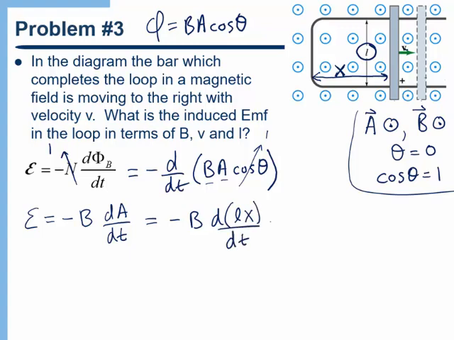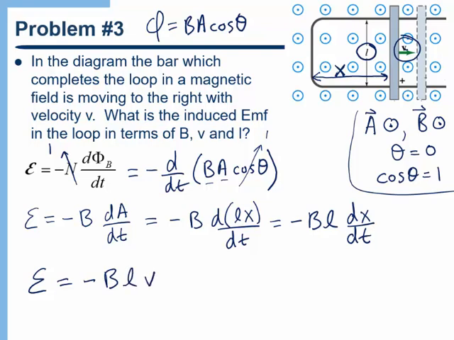But again, the L isn't changing, so I get negative BL dx/dt. But what is dx/dt? Well, hopefully you remember that that's the definition of velocity. And so what we end up with in this problem is that the induced EMF is equal to negative BLv.